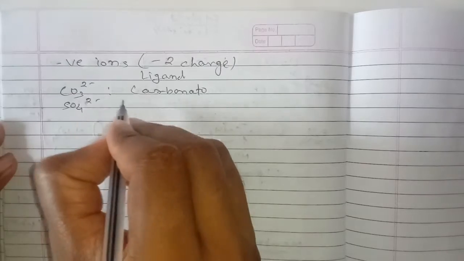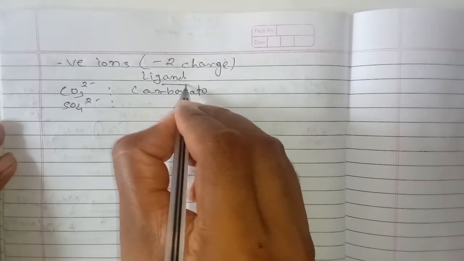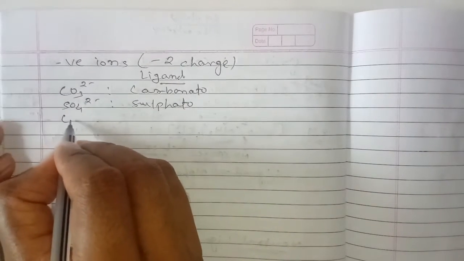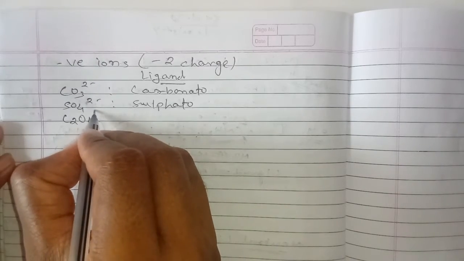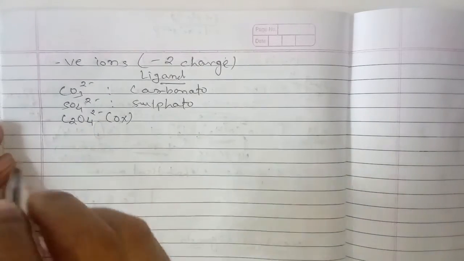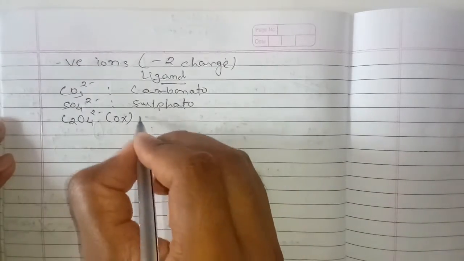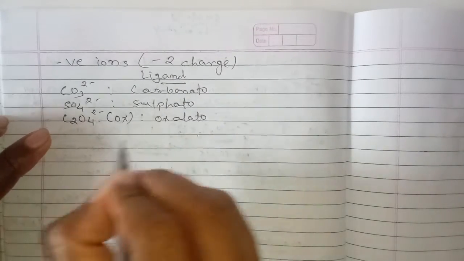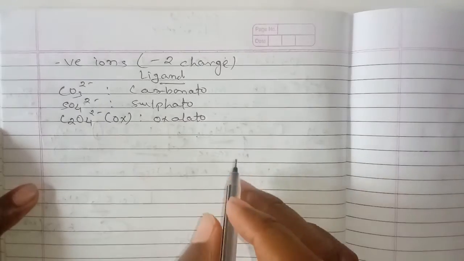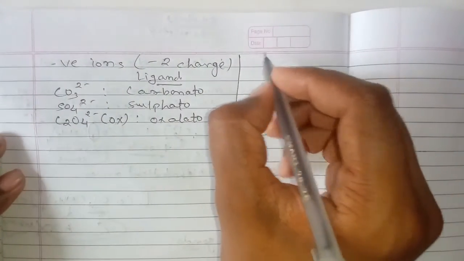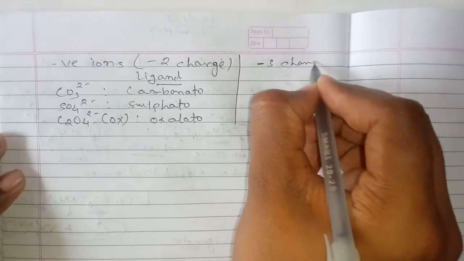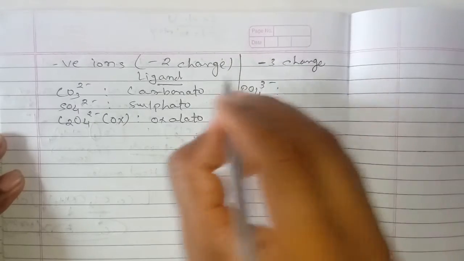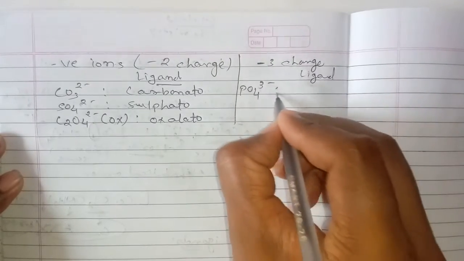SO4 2 minus is sulfate ion, but as a ligand it is sulfato. C2O4 2 minus, or ox in short, is oxalate ion, but as a ligand it is oxalato. For -3 charge, PO4 3 minus is phosphate ion, but as a ligand it is phosphato.